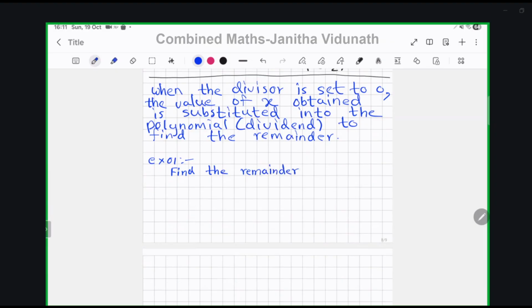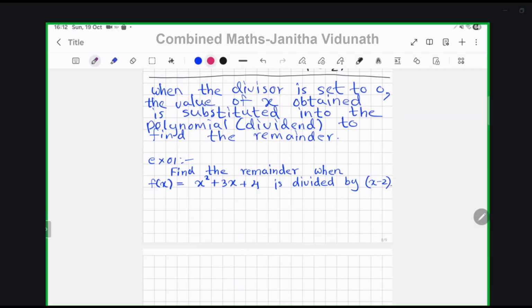Find the remainder when f(x) equal to x square plus 3x plus 4 is divided by x minus 2.